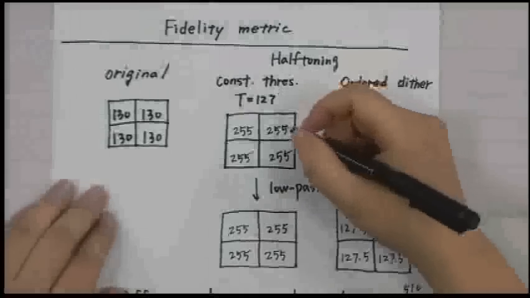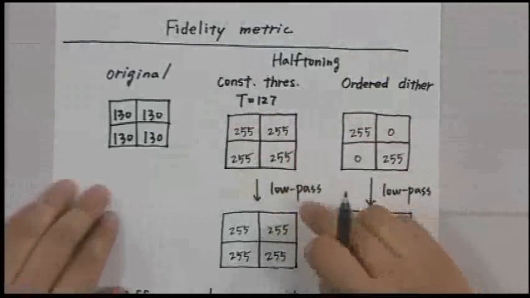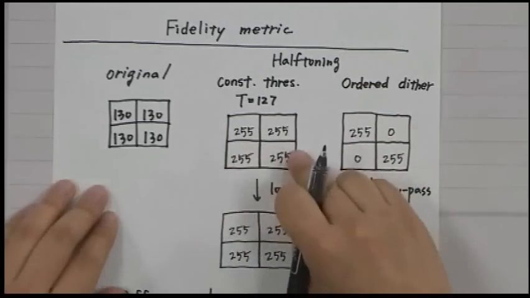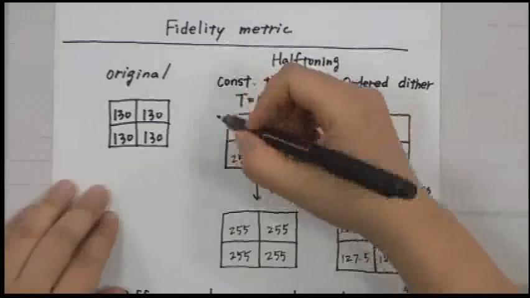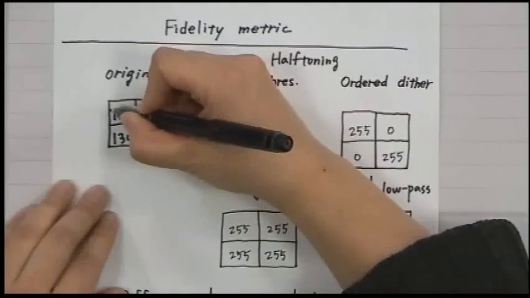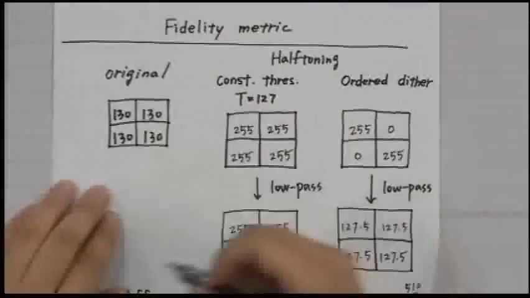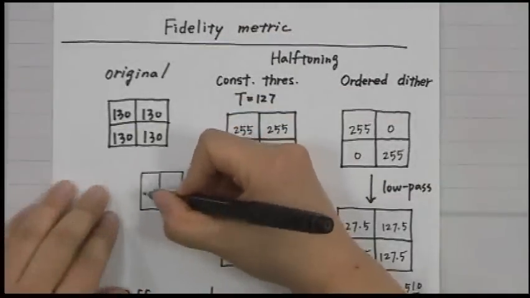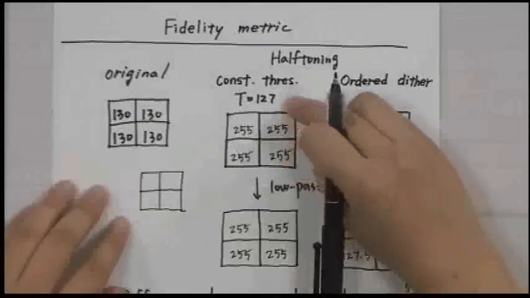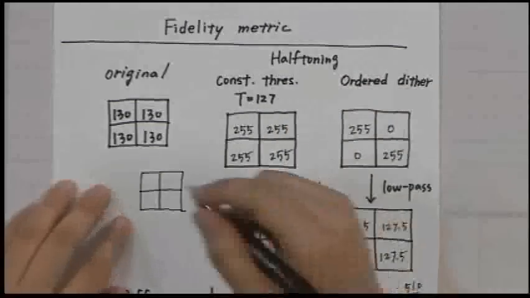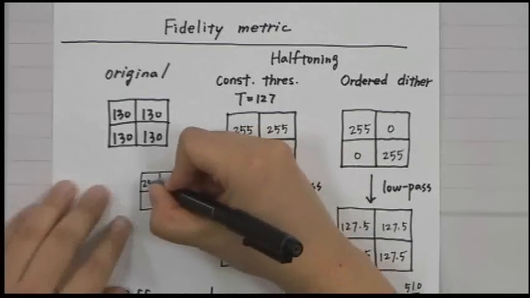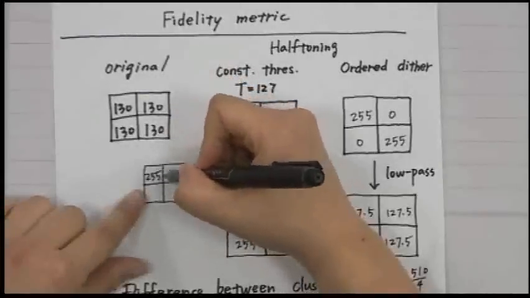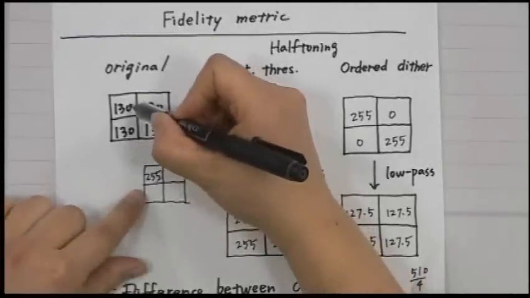Let's say we have 4 pixels, and we start from here and process the image like this. First, let's threshold this pixel using t equal to 127. Then it goes to 255. But this value is very different from the original value.